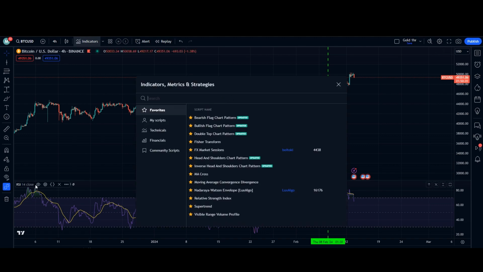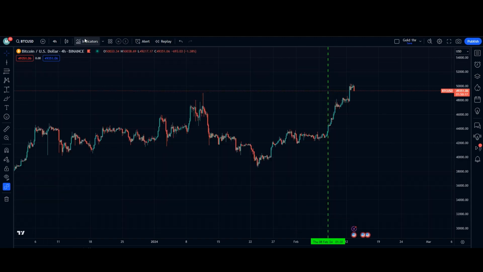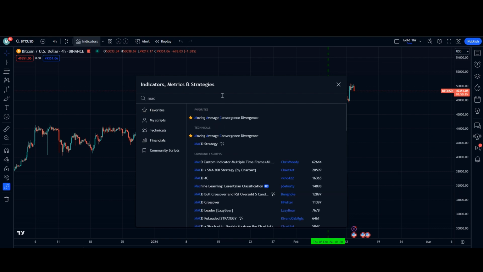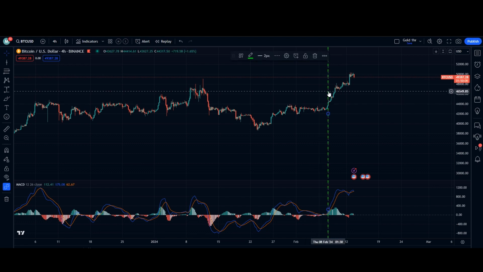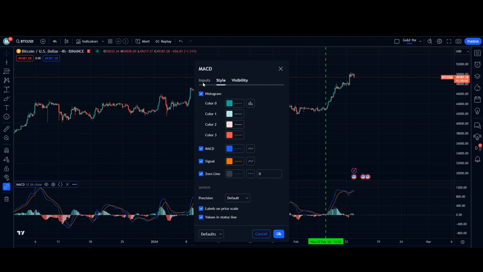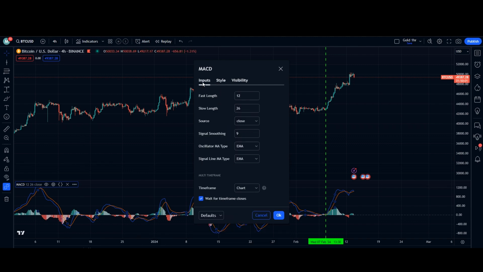So if we look at something else, let's say the MACD, it's a similar thing, but it's based on the convergence and divergence of the moving averages. Here our fast length is 12 and slow length is 26.